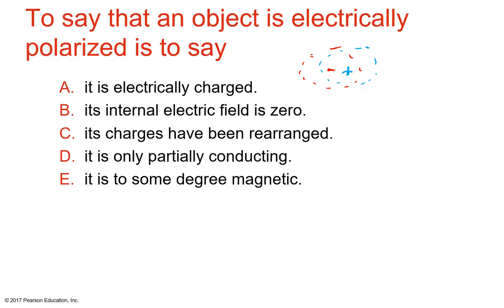Then you put it on the wall, and it caused the charge to become polarized. It induced a charge polarization so that the opposite charge was close and the same charge was far, and because the force is stronger for closer things, it had a net attractive force. So the correct answer here was the charges have been rearranged so there's no longer a symmetric charge distribution.